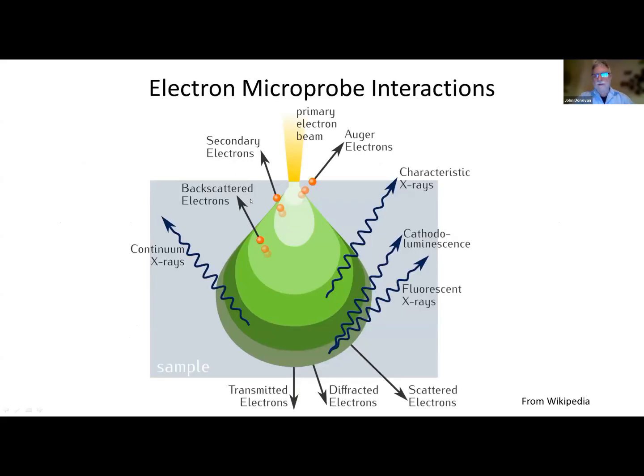But first, as Ari showed, there are basically a few products from our electron solid interactions. We're going to be looking today at scattered electrons, which end up creating the heat that we're worried about, and then the emission of characteristic X-rays and how those are affected through either volatilization or ion migration or structural damage to the sample.